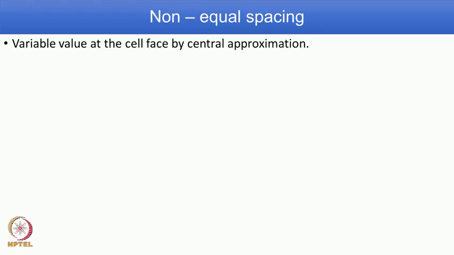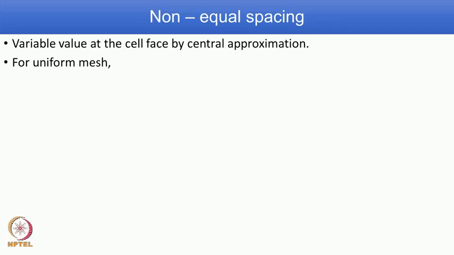Now, we have explained all this for a uniform spacing. The variable phi appears in the convective flux and the derivative of the variable appears in the diffusive flux, so we need to evaluate the variable as well as the derivative at the faces, and we have demonstrated this with the help of a uniform mesh. In the case of non-equal spacing, we also have to know how to do it, because in a practical situation you do not have the luxury of a uniform mesh throughout your domain.